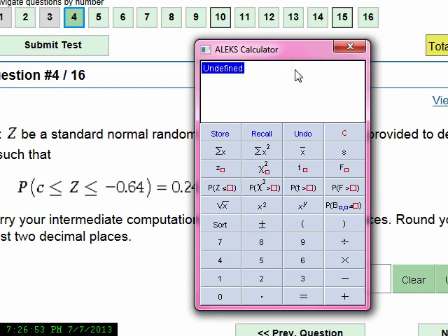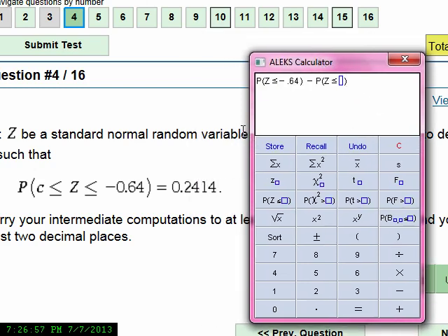And that's going to equal that 0.2414. So I'm going to interchange these two, so I'm going to put here the 0.2414. And that will give me the probability that Z is less than C.